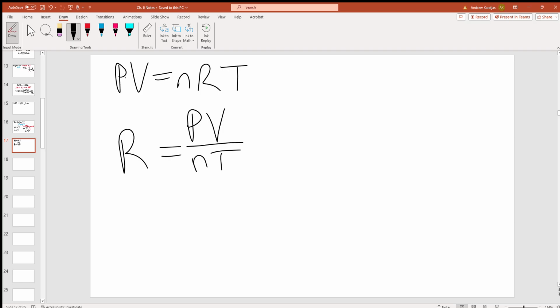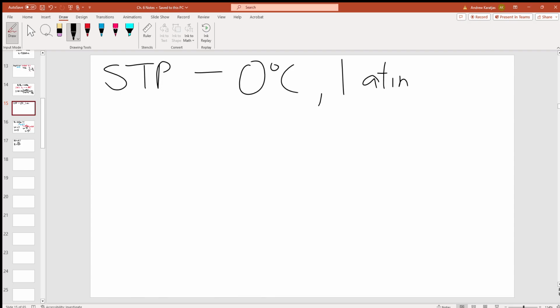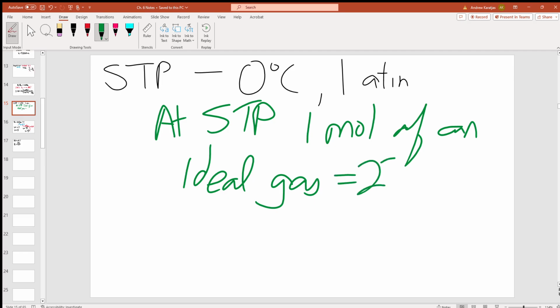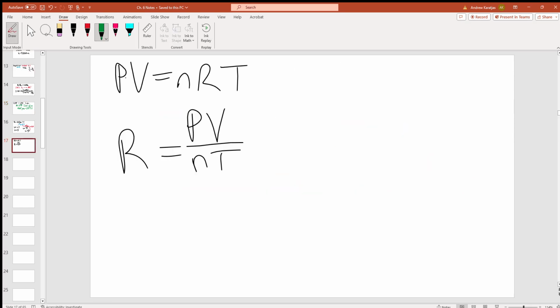Now, if we go back a couple pages to where we defined STP, standard temperature and pressure, the second piece of this, and this is going to help us out here, is that at STP, 1 mole of an ideal gas will have a volume of 22.4 liters. So now if we come back to our expression here, we can use STP to plug numbers in.